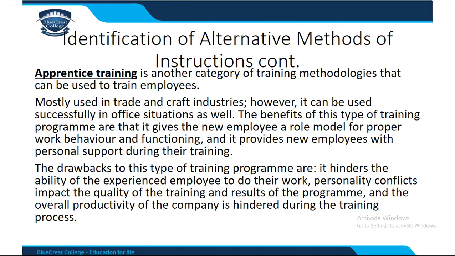There may be conflicts in their personality types, and sometimes, based on this, it will affect the results of the training. At the end of the day, the objective for which you organize the training may not be achieved because the apprentice and his master or her master were having conflicts.